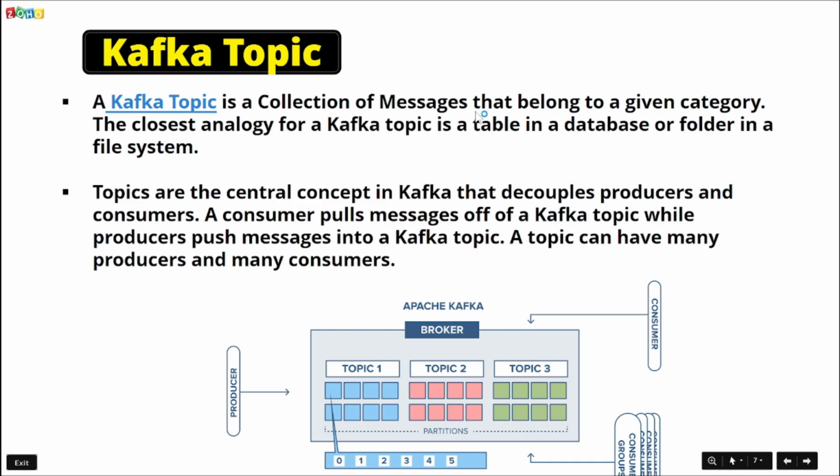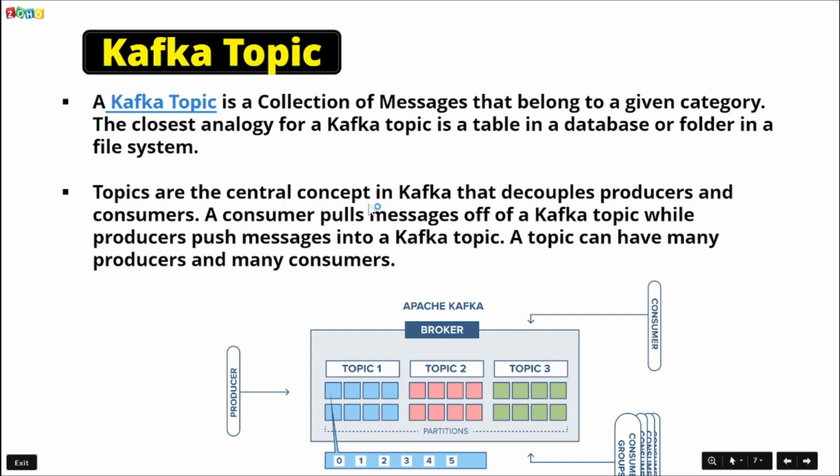So a table is nothing but just a name, right? And it contains other data inside it. So here also a topic is just a name for a particular category, and to the topic we send the messages. So messages are associated to the topic.